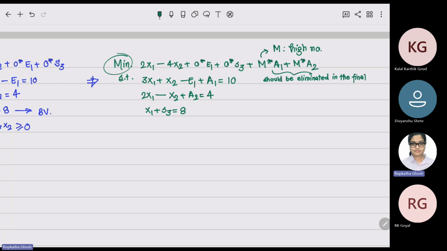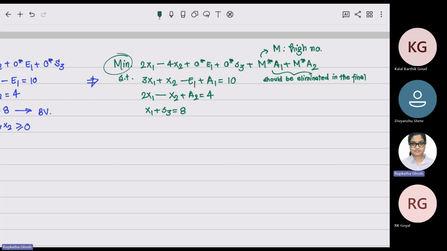And in order to eliminate these artificial variables in your final solution, you have to penalize their contribution appropriately in the objective function. So for the minimization problem here, we are assuming a maximum positive contribution, that is MA1 and MA2, for every unit of this artificial variable in the objective function. So M is a very, very high number.